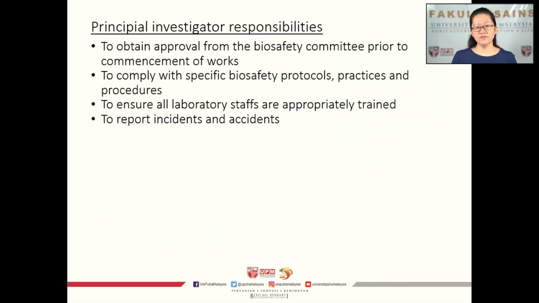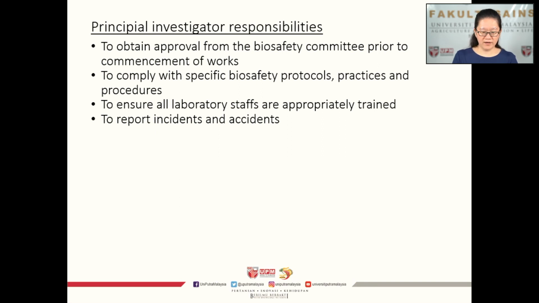It is the responsibility of the principal investigator to obtain approval from the biosafety committee prior to commencement of work, to comply with specific biosafety protocols, practices, and procedures. It's also the responsibility of the principal investigator to ensure all laboratory staff are appropriately trained and to report incidents and accidents of biohazards.